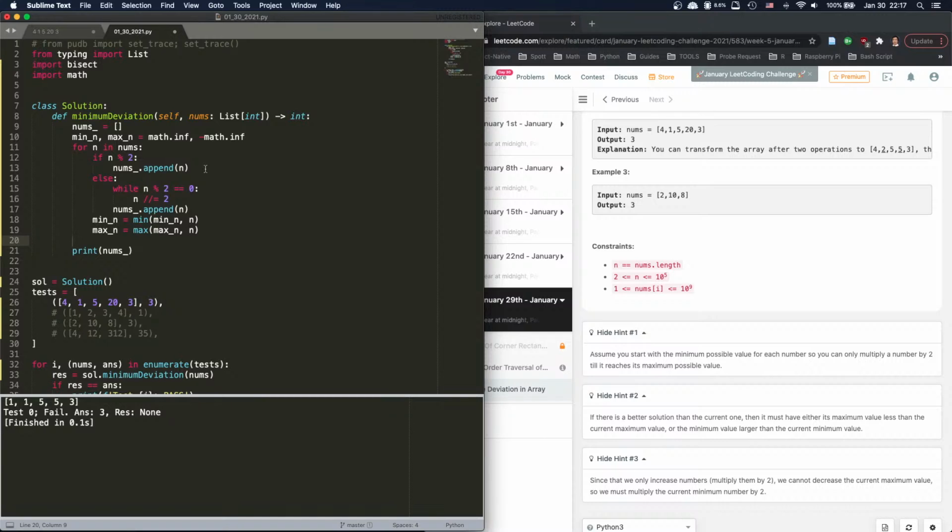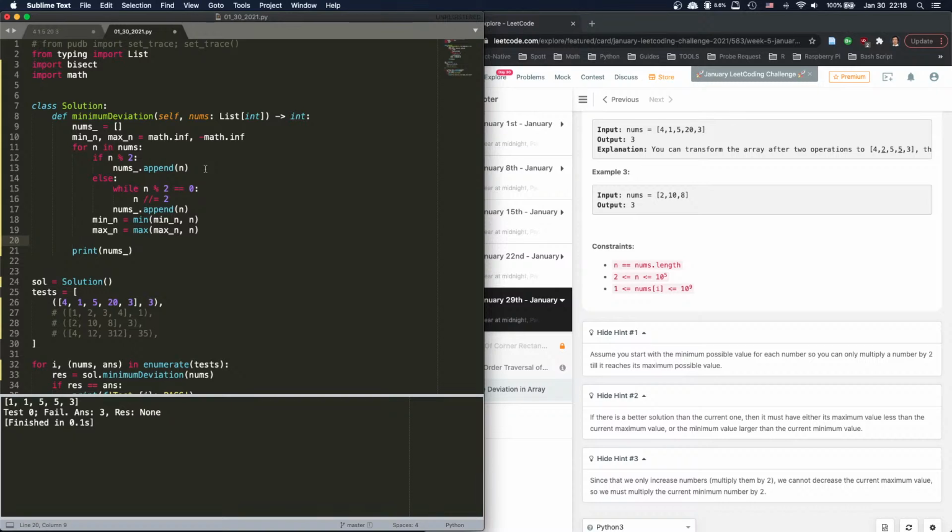So with the current mean value, we double it, and after doubling, we compare. So basically, for each round, we multiply the mean value by 2 and see if we can reach a better solution. It also has to be odd. If it's even, we cannot multiply.